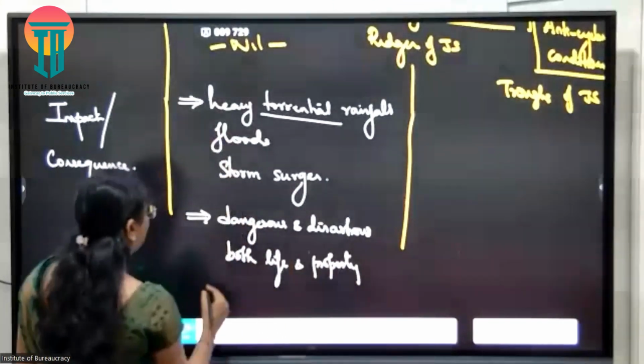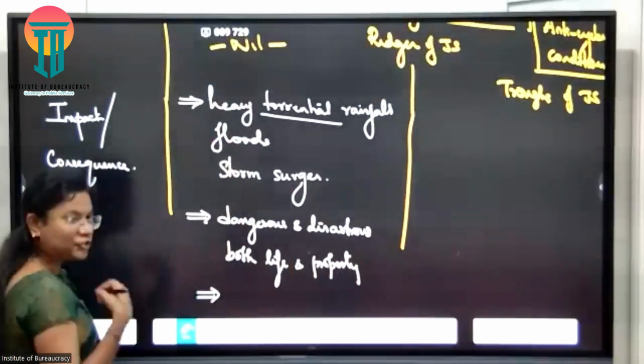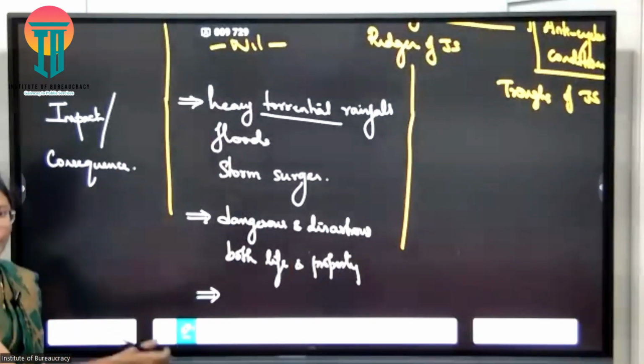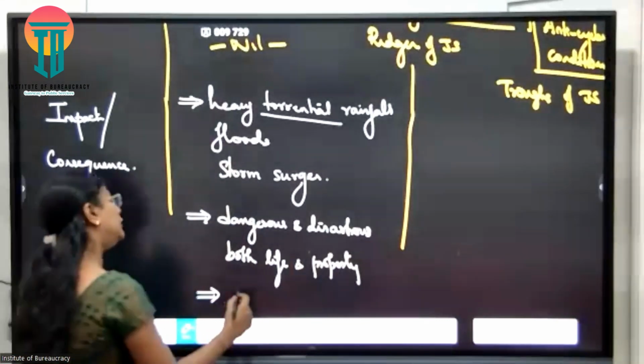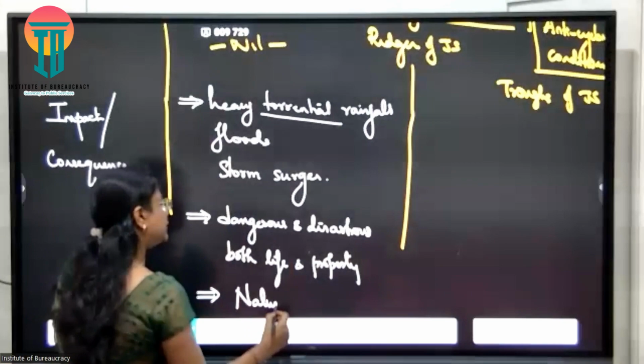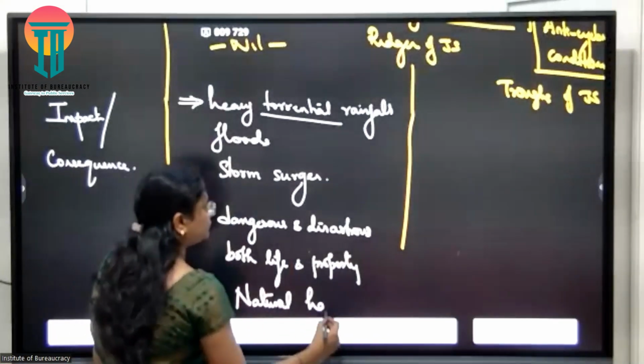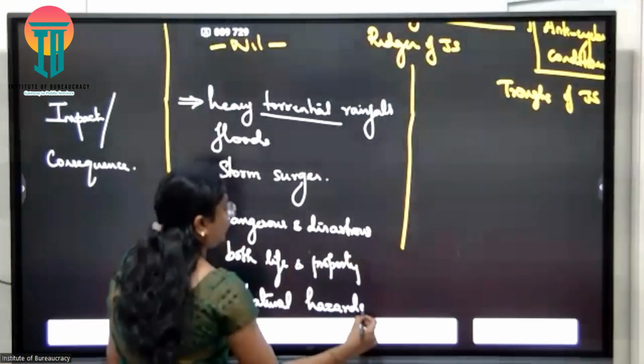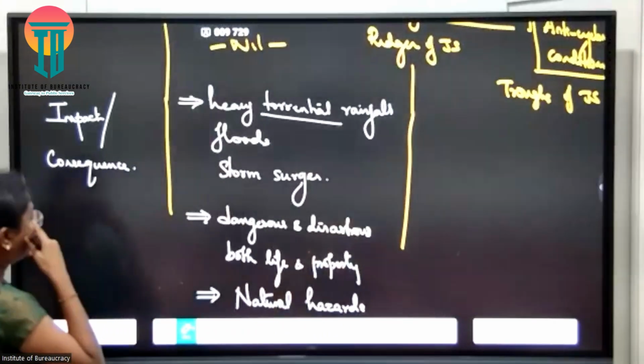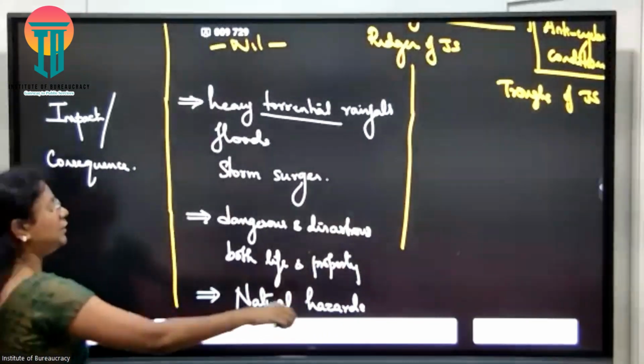We call these tropical cyclones as what? These are your natural hazards. Yeah, natural calamity and natural hazards. So these fall under natural hazards, causing damages because of their violent nature, violent winds.